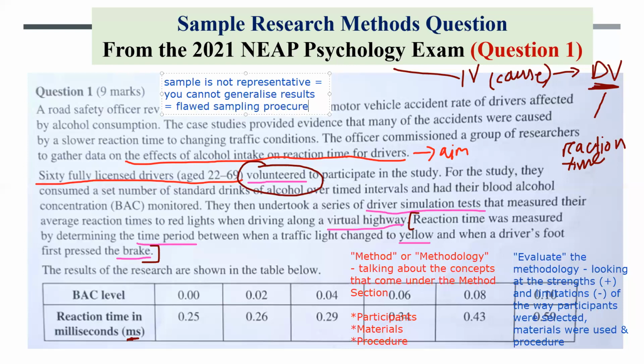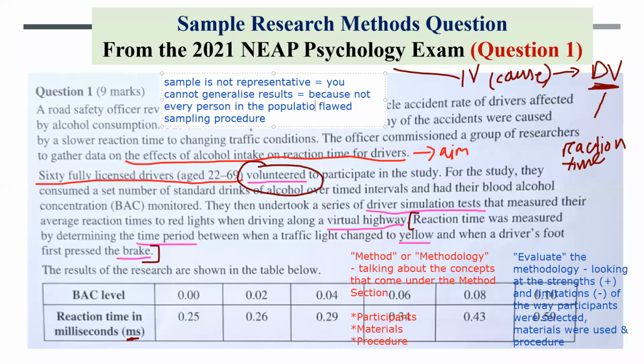Okay, people always use convenient sampling, and it's not an issue. It's not like it's against the law of research methods or something, but it just means that we can't generalize the results. Okay, you can't generalize the results because not every person in the population had an equal chance of being selected.